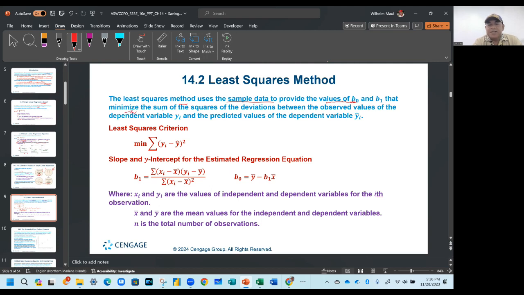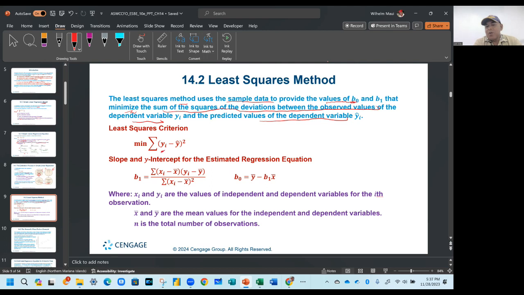It minimizes the sum of the squares of the deviation between the observed value of the dependent variable and the predicted value of the dependent variable. Notice this: you're minimizing the deviations, and that deviation turns out to be the error between the estimated and the observed value.